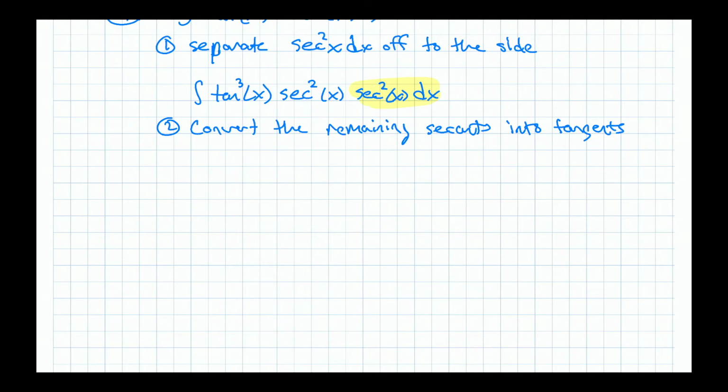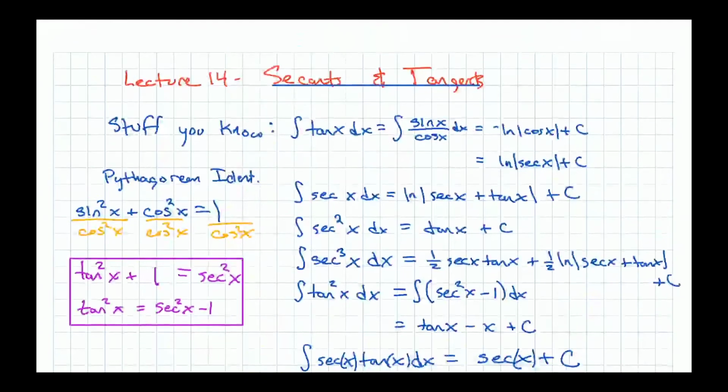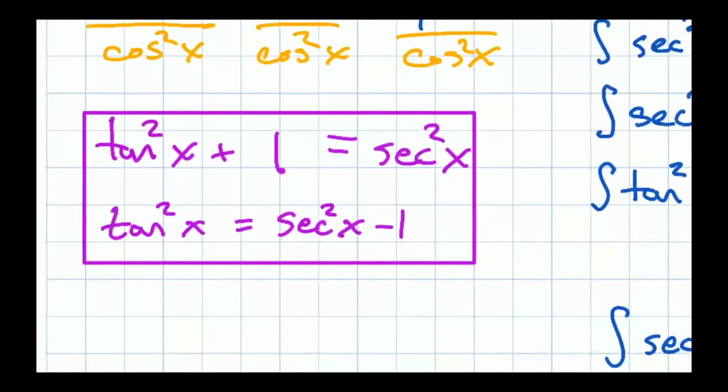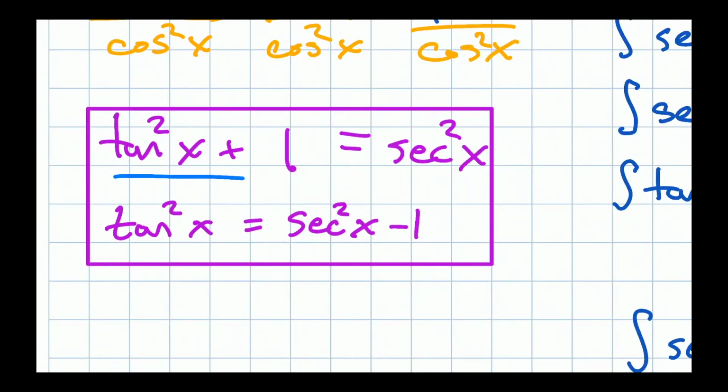How are you going to do that? You're going to use the identity that we wrote, that we used once already. What we want are the identities right here. This top identity, that's how you change secants into tangents. A secant squared is tangent squared x plus 1.